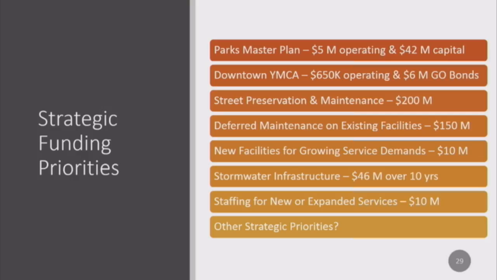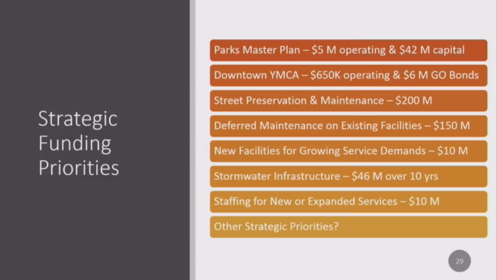Deferred maintenance, we would need $15 million per year in order to bring our existing facilities back up over the next 10 years. We asked the Public Works Department to give us the cost of any new facilities that would meet growing service demand. At this point, we can only really think about the animal shelter.